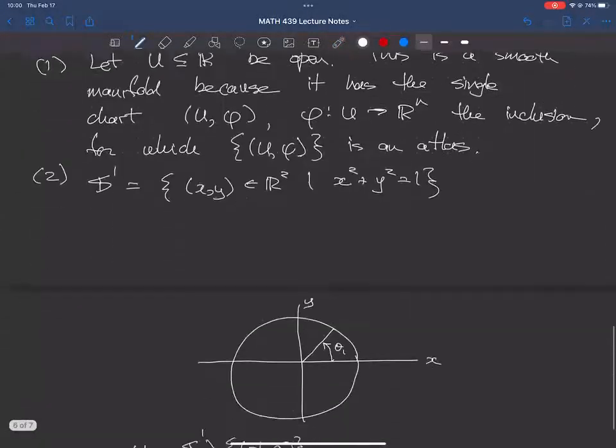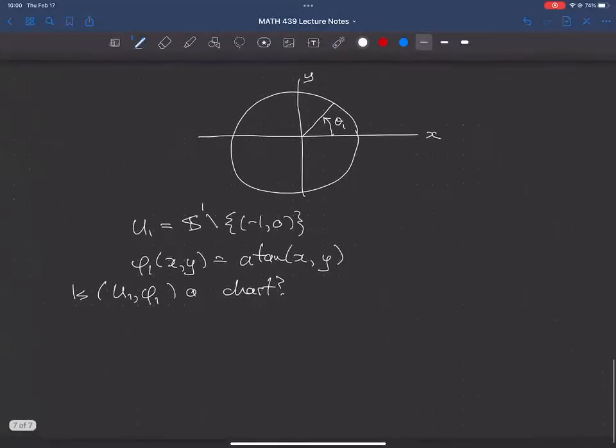The Euclidean space here evidently is R1. So I need to check that phi1 of U1 is an open subset of R1, but my construction is that this is the interval minus pi to pi, and this is open.